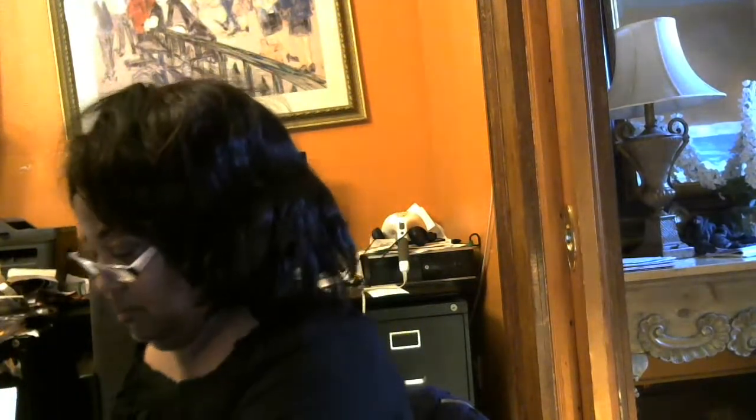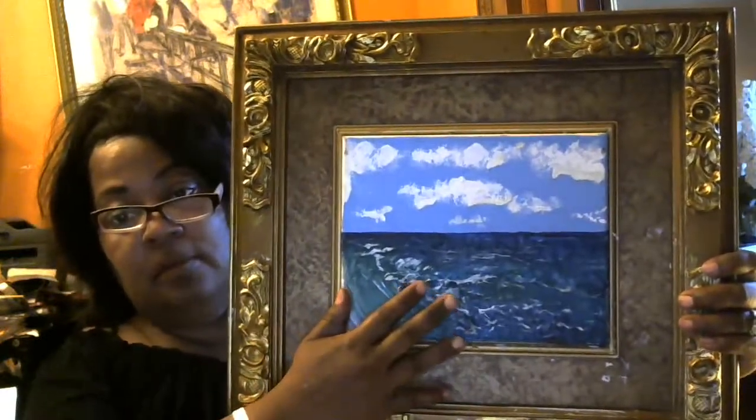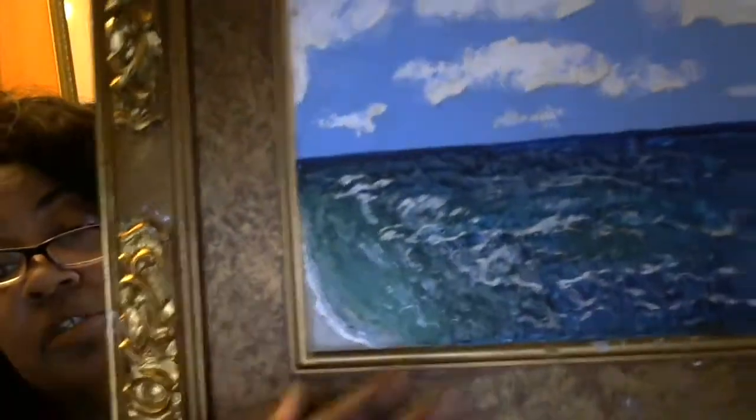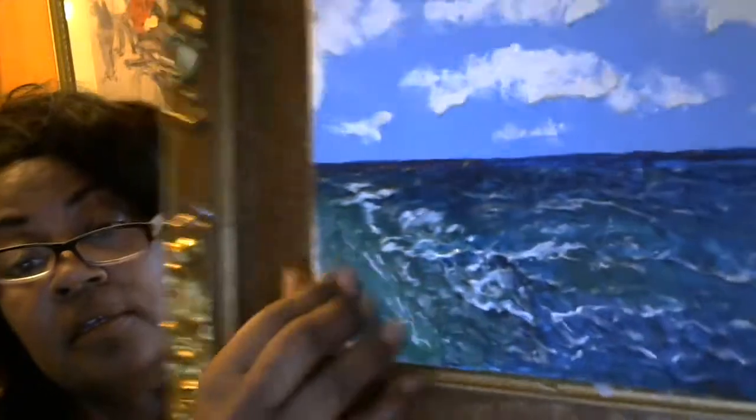So let's tell you what realism looks like in an art piece. Let's talk about this realism art. If you look closely, this is an ocean, and it has texture.